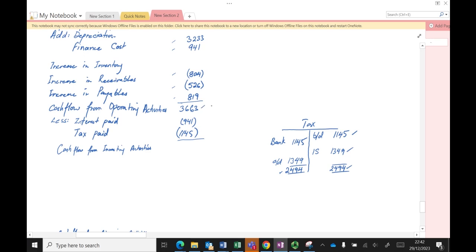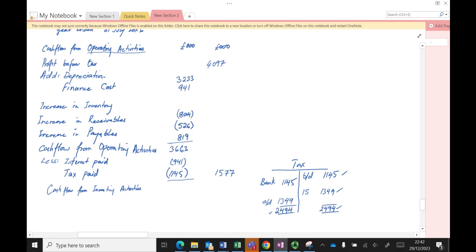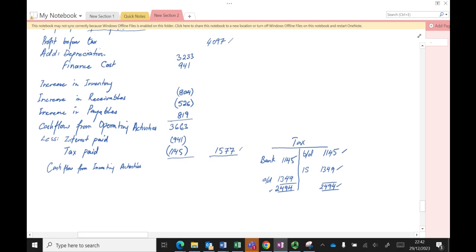So now 3,663 minus 941 minus 1,145 gives me the total, which is 1,577. If I add 4,097 and 1,577, that will be my net cash flow.